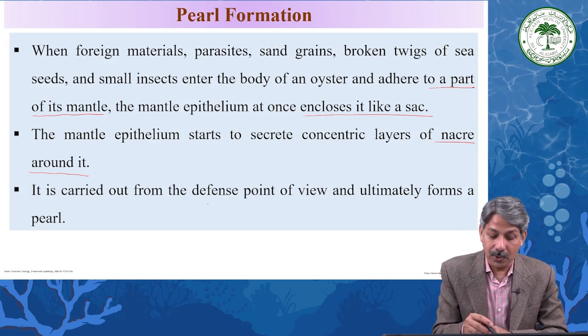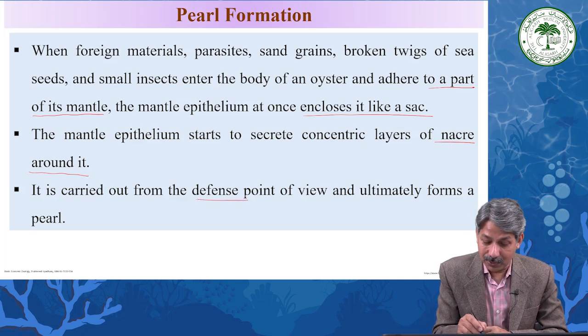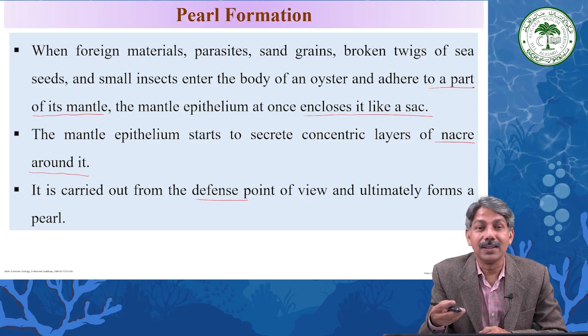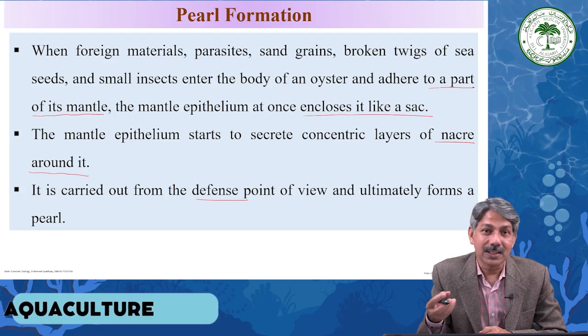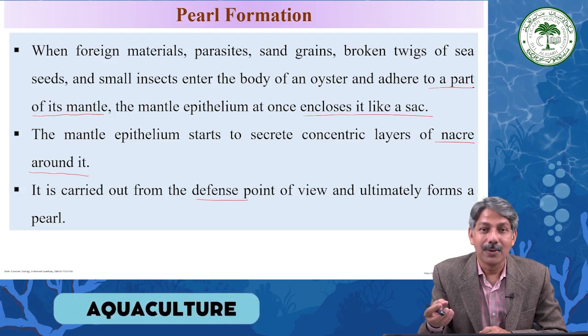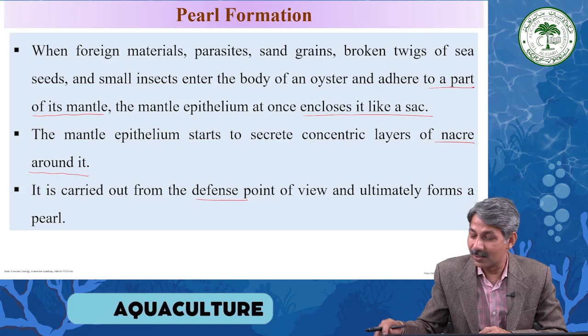It is carried out from the defense point of view. What we take as a pearl was initiated by the pearl oyster as a defense mechanism for some foreign body which has entered its body.